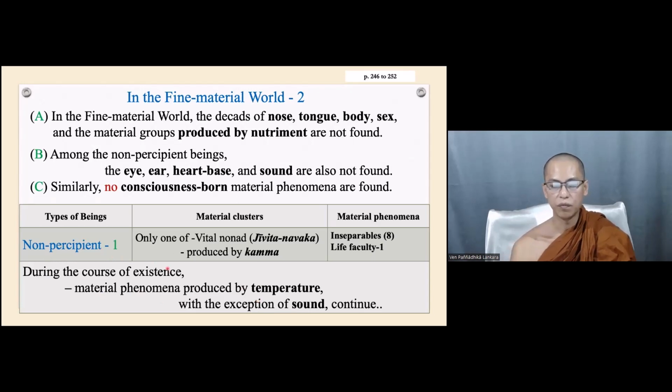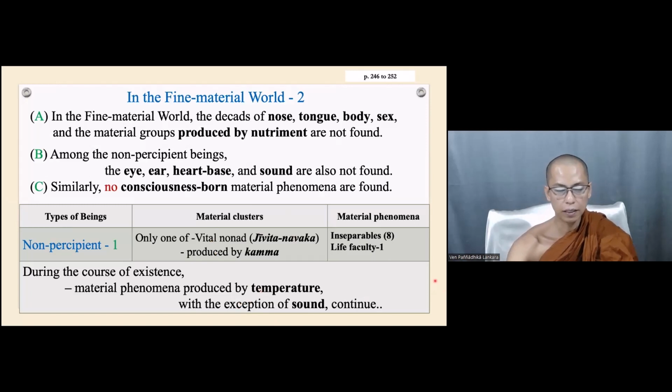So only a few types of materialities arise as a Brahma in the non-percipient realm of existence. So that is the body of the non-percipient being, at the rebirth linking moment and during the course of existence.